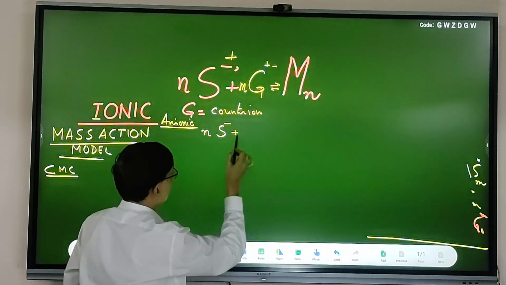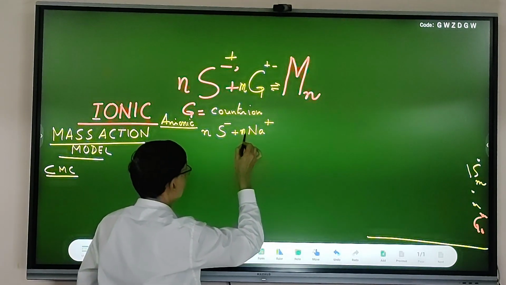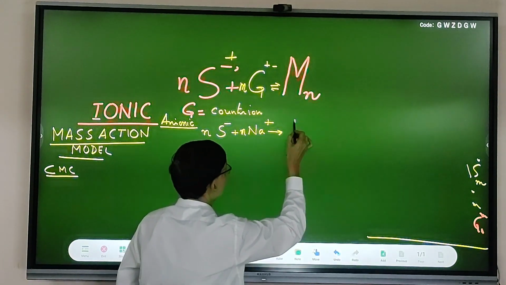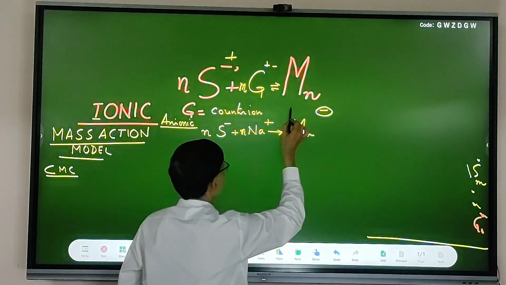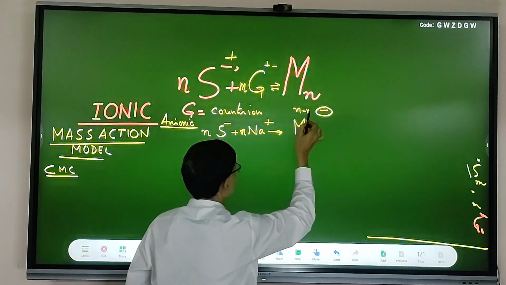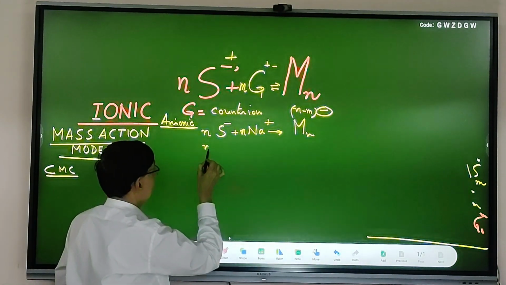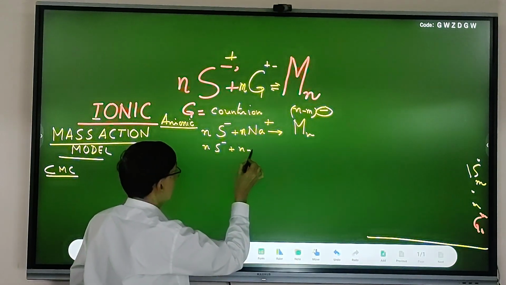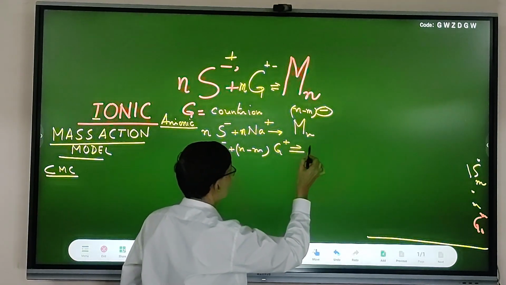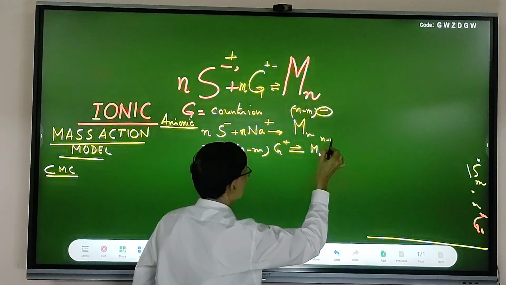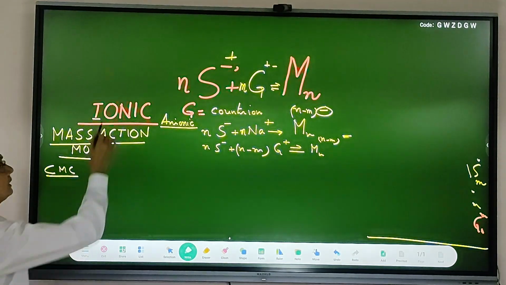If I take sodium dodecyl sulfate, I can use the sodium ion M, that means Mn is also negatively charged, but it depends upon N minus M. Here also I can write N S negative, N minus M, G plus, Mn. It is negatively charged. So this is for the ionic type of surfactant.